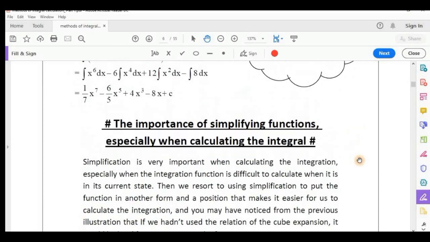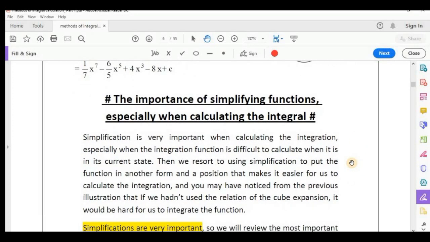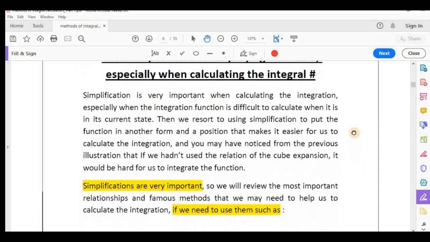This is just a quick revision of what we discussed previously. Let's see another point: the importance of simplifying functions, especially when we're calculating the integral. Simplification is very important when we calculate the integration, especially when the function is difficult to integrate.